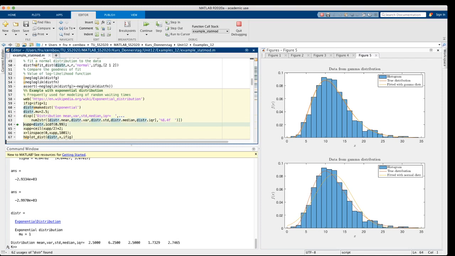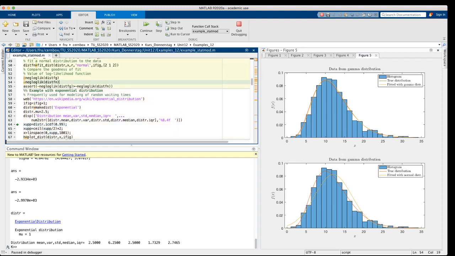Let's have a look at the characteristic quantities. The mean is just mu, 2.5. The variance is mu squared, so it's 6.25. So the standard deviation is identical to the mean. The median is smaller than the mean because it's again an asymmetric distribution, and the interquartile range is about 2.75.